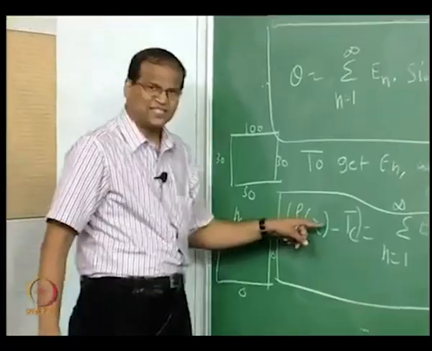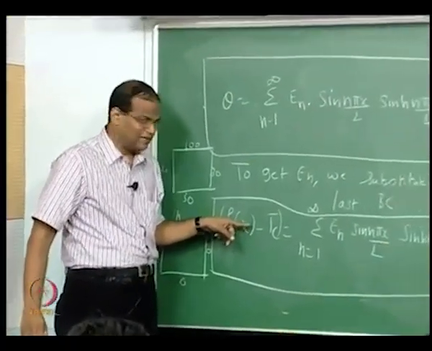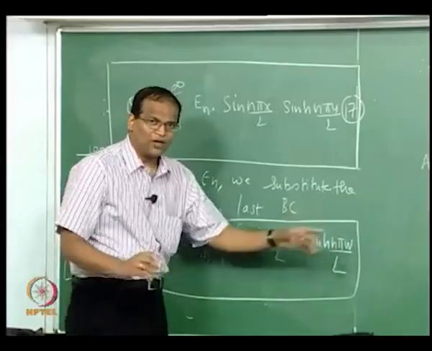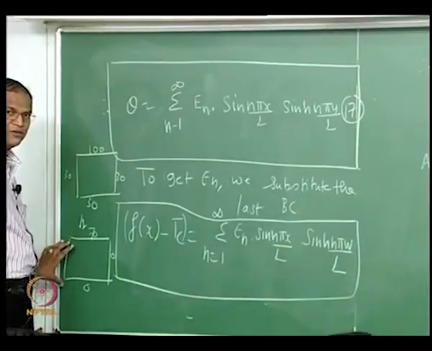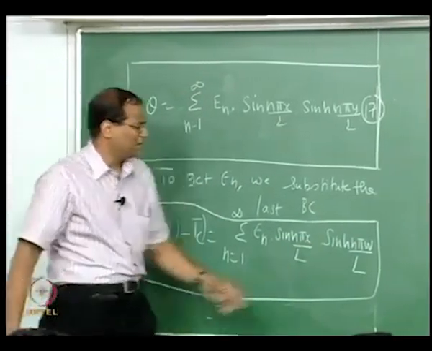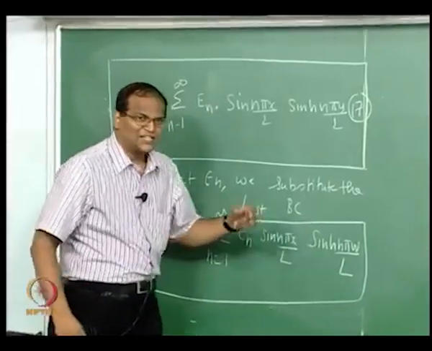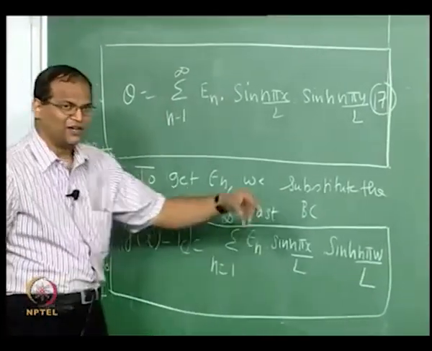So this could be just that 70, that left side is known. Sin h n pi w, I will tell you what the value of w is. You know what L is. If it is a square slab, w by L is equal to 1. n goes from 1, 2, 3, 4 to infinity.